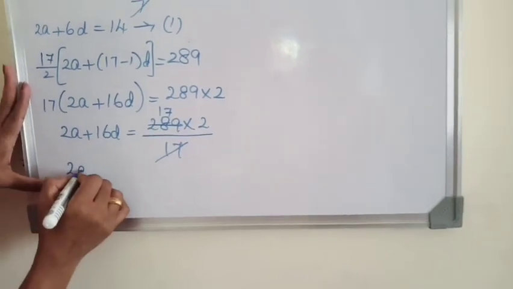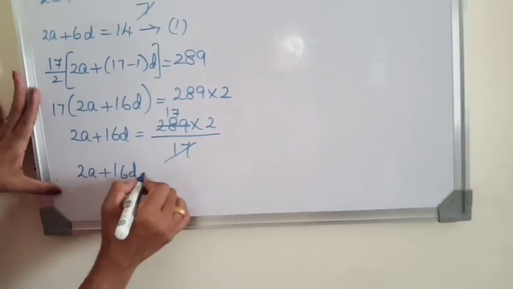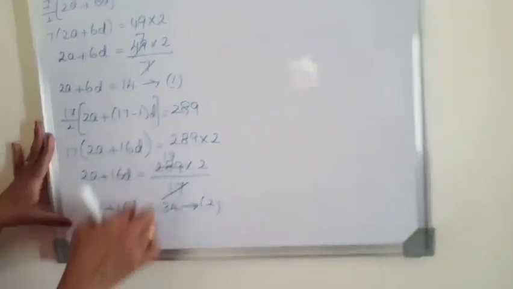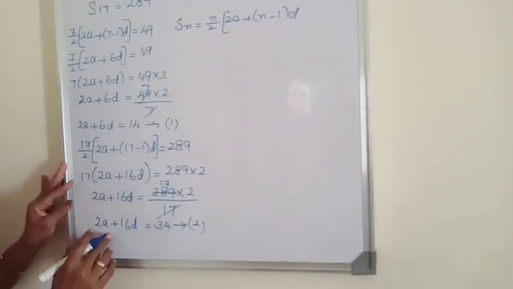So, 2a plus 16d is equal to 34. This is equation 2. So, now we got two equations having the values of a and d.